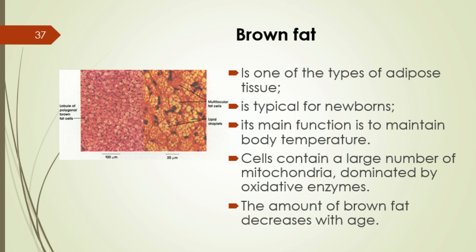In addition, these mitochondria contain special proteins that uncouple oxidation and phosphorylation, thermogenins. Therefore, free oxidation processes predominate in brown fat cells. Such a thermoregulation mechanism is important for newborns, as they have not yet developed other mechanisms for maintaining body temperature.